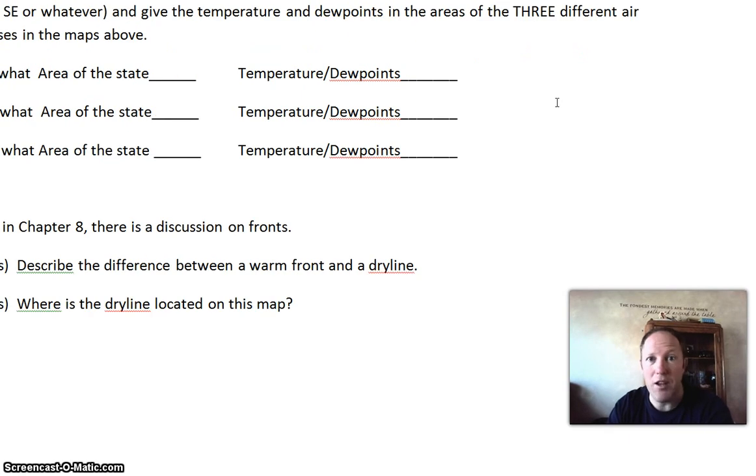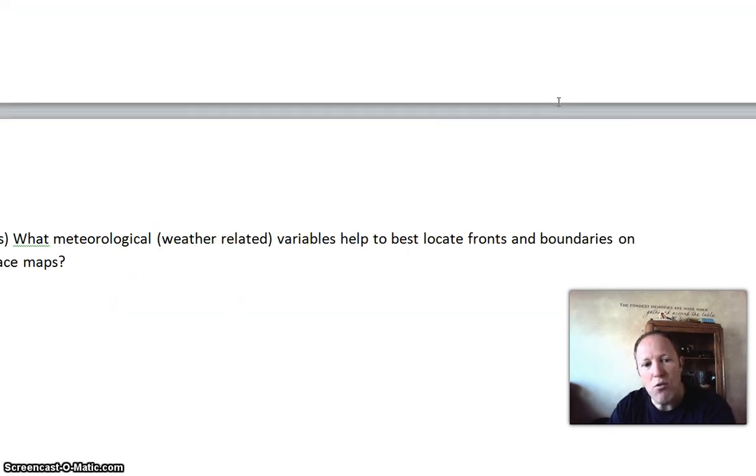If you have a problem, send me an email, and I'm happy to help you out. The last question is: what meteorological, or weather-related, variables help to best locate fronts and boundaries on surface maps? We're looking at the ground. If I'm standing in a place like Oklahoma City, what's going to happen to me over time with temperature, wind speed, direction, things like that?